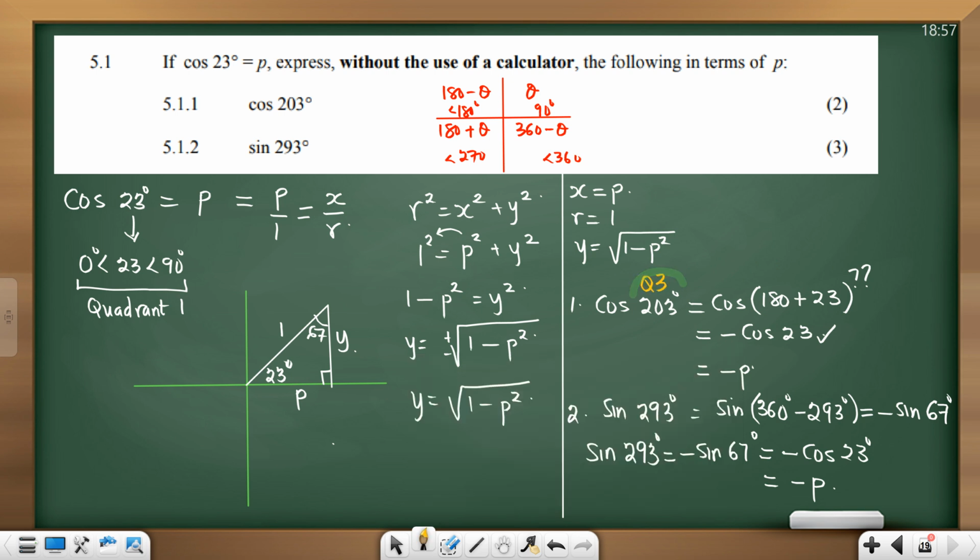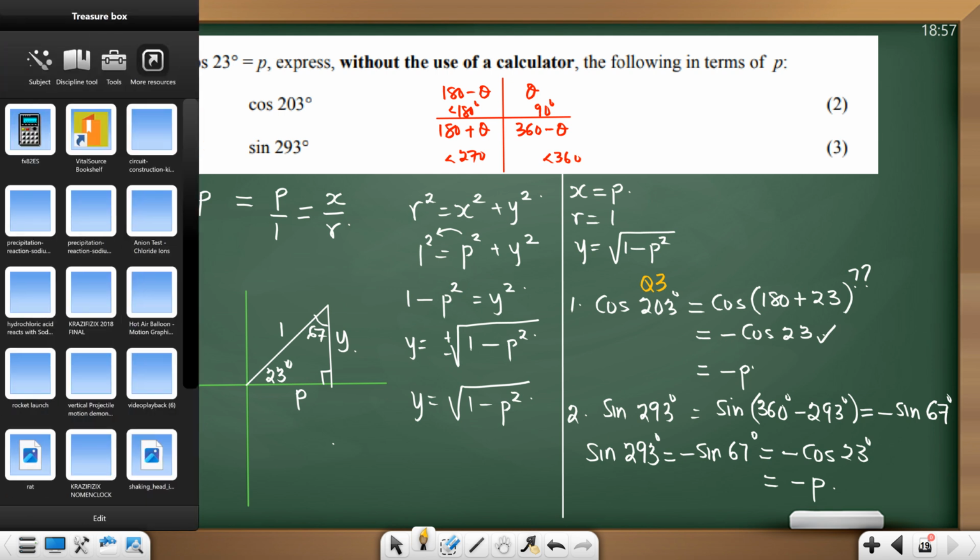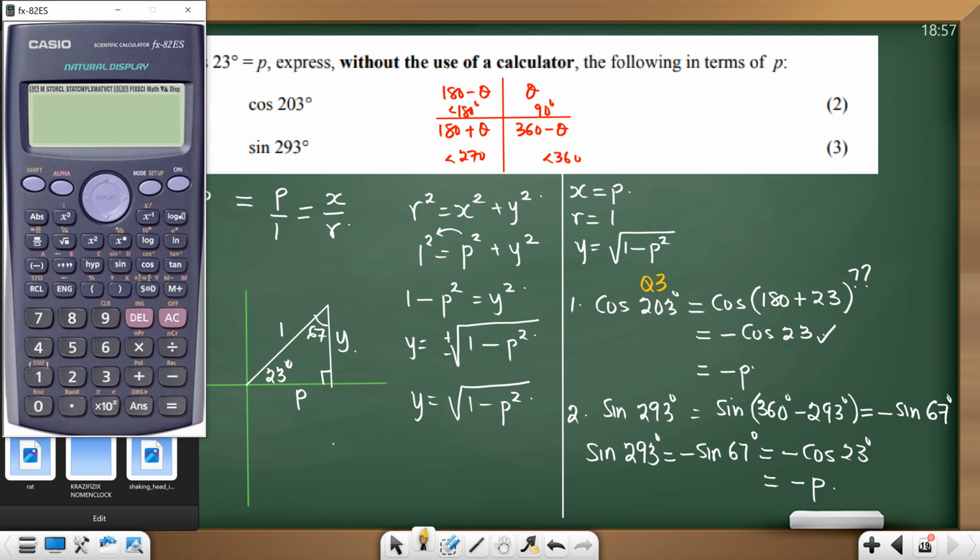And in quadrant 3, cos is negative. Are we okay? Yes, sir. Thank you very much. But if you want to go the bishop's way, I just use my calculator. Cos 203 equals that. Shift, cos, answer. And I told you if it gives you an answer greater than 90, which is always happening on cos, minus 180, negative 23.